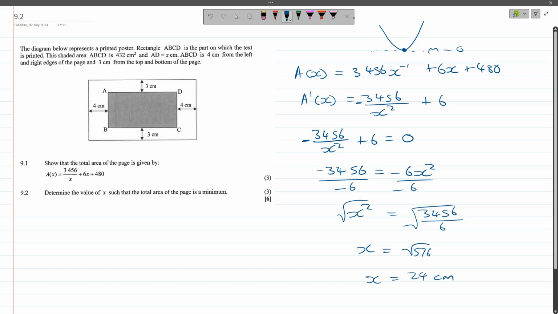So that's the minimum value, that's the value of x that gives us a minimum value of our rectangle.